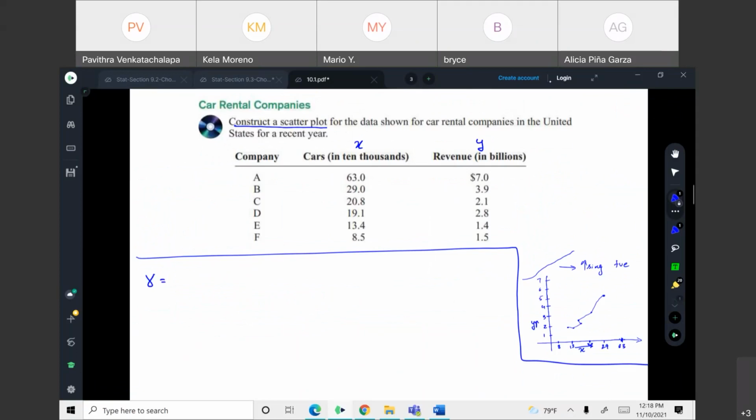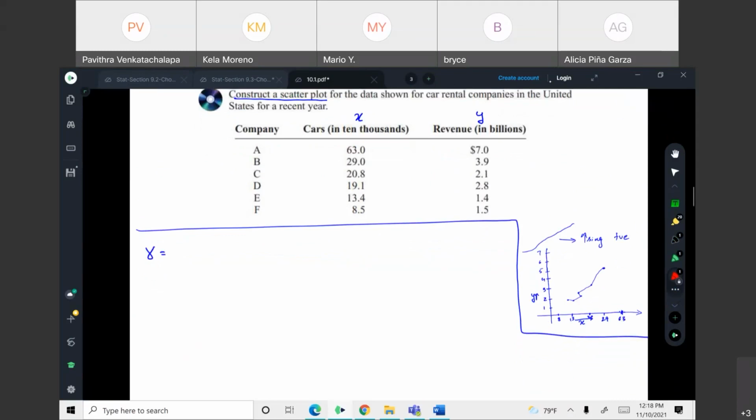Okay. I'll just give you the steps here. You can follow. So use your calculator to find R.